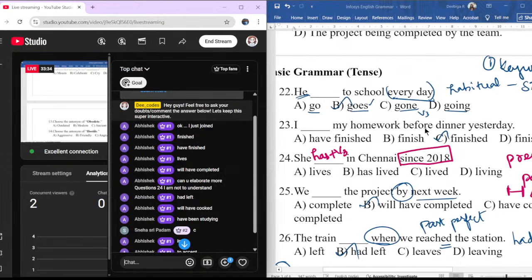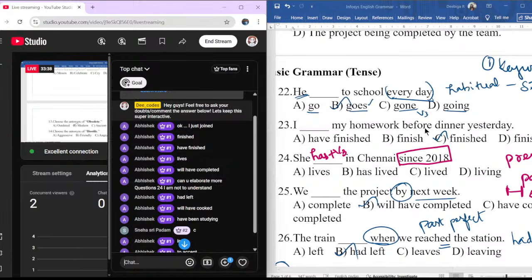I finished my homework before dinner yesterday. That is right. You have used finished, not have finished, Abhishek, because we're talking about yesterday, right? Yesterday is something that is in the past. So the answer is I finished my homework before dinner yesterday.